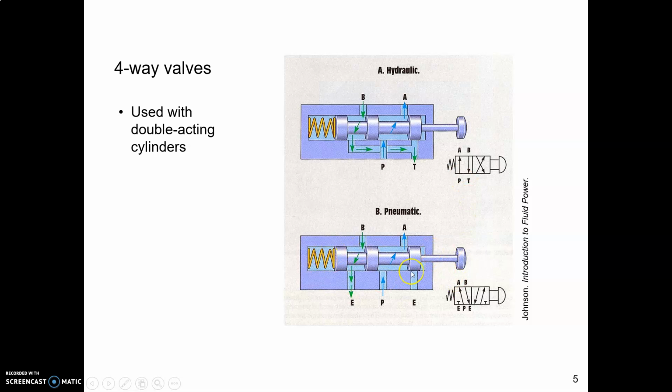In a pneumatic valve, as the spool is shifted side to side, rather than flowing back to a tank, the air is exhausted out to the atmosphere, and here's one exhaust over here, here's another exhaust port over here, and then here at the bottom right is the schematic symbol for that valve, E for exhaust.